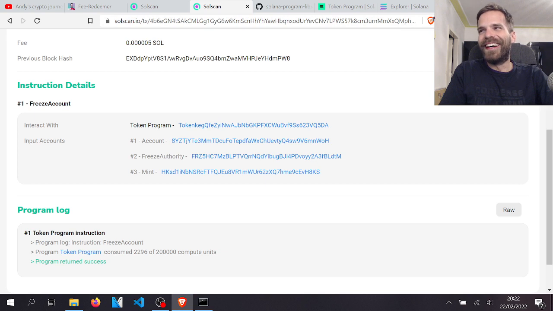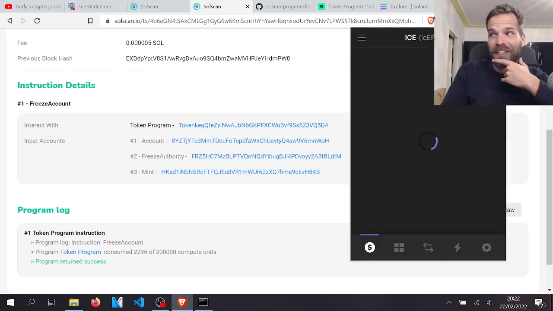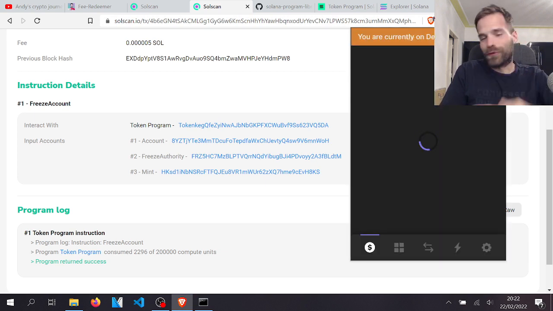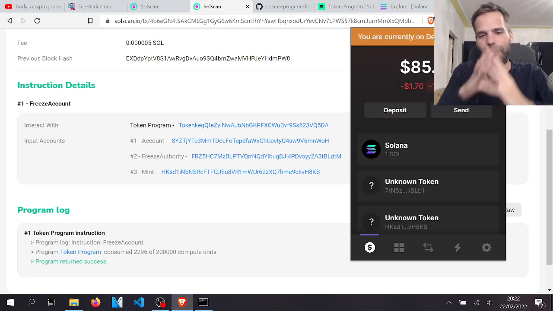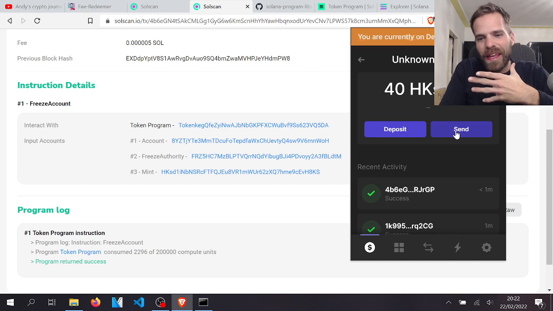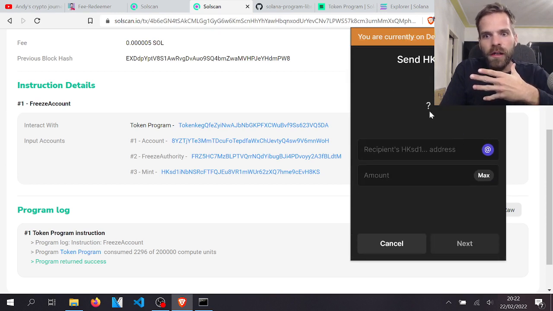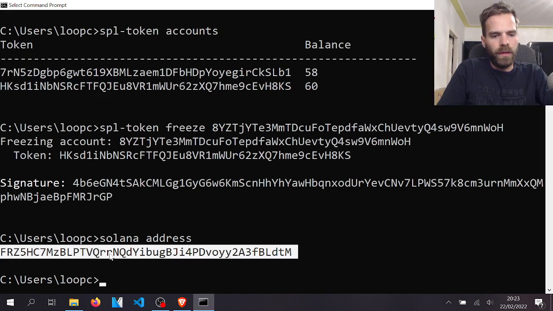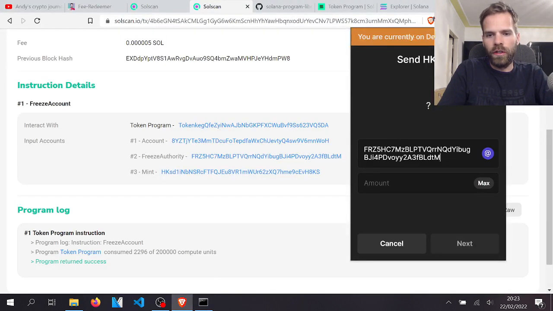But now, can we actually really not send that token anymore? Because here in Phantom, it still looks good to me. I can still say send. What's that? Oh, it doesn't know the token. Who cares? I want to send it to here.